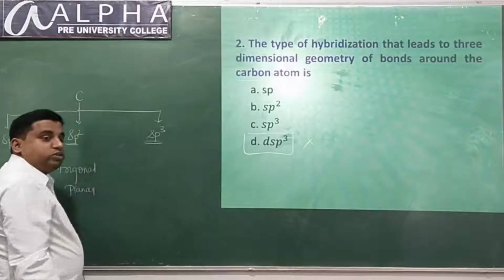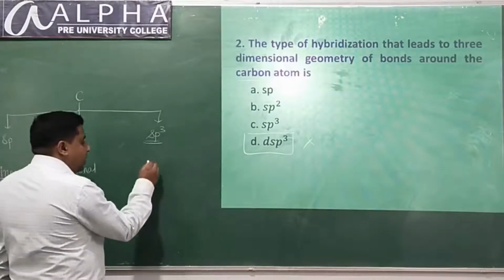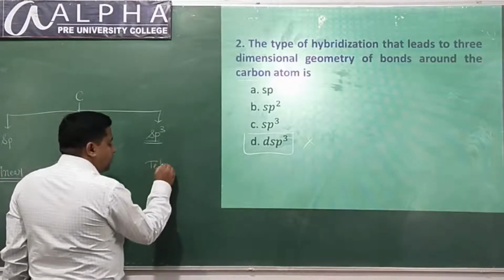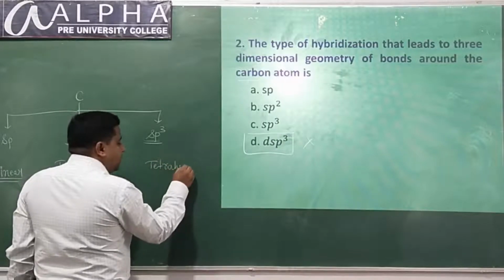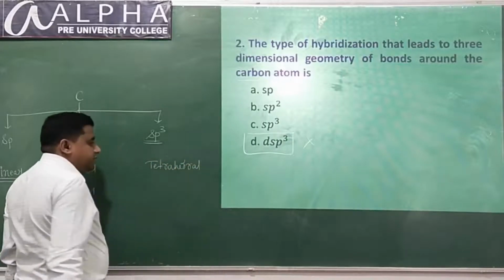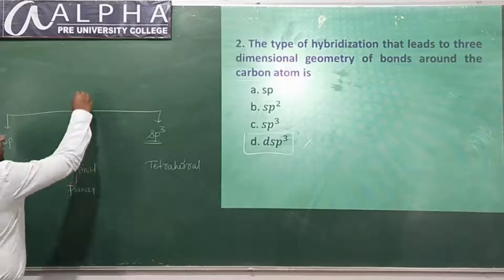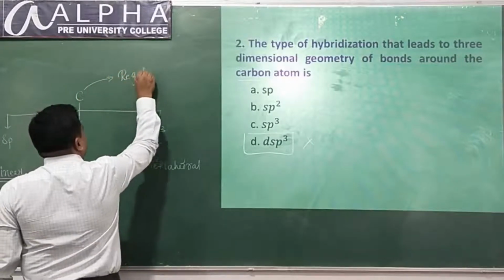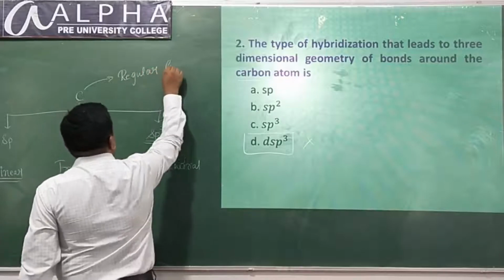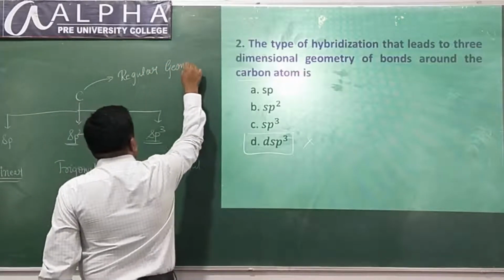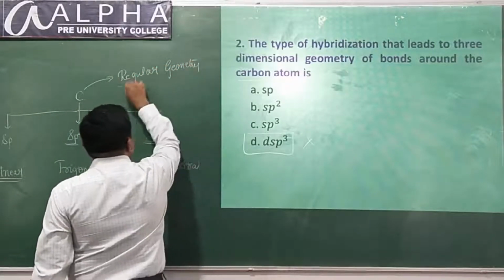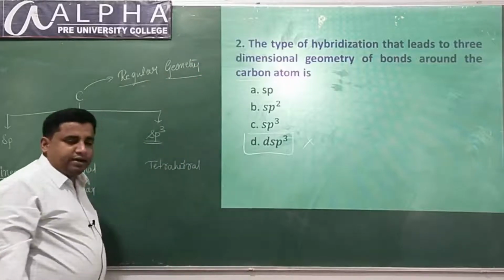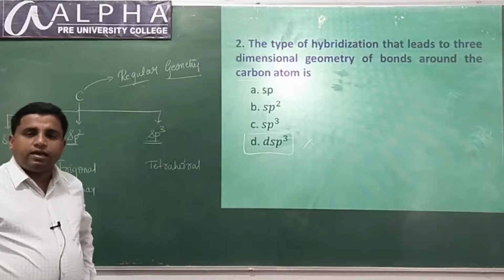If carbon undergoes sp3 hybridization, the geometry of this molecule is going to be tetrahedral. See, carbon can only have regular geometry. Please note this point. In the last question, I differentiated between regular geometry and irregular geometry, isn't it? What is a regular geometry?